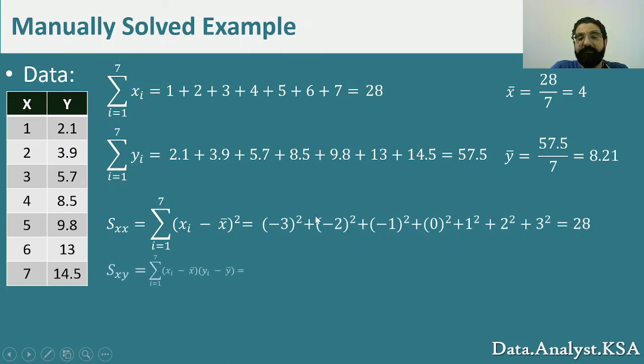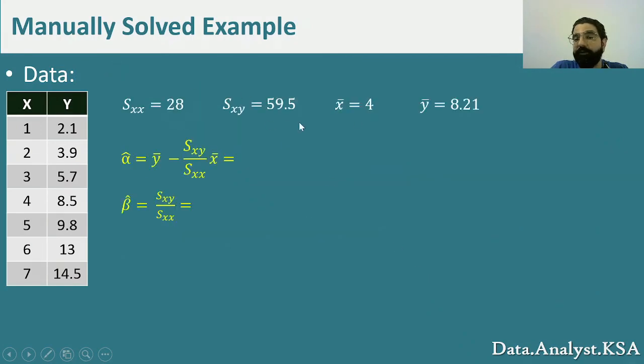And if I do the same for SXY, so SXY is a little more complex arithmetically, but it's the same idea. So it's 1 minus 4 for the first term, multiplied by 2.1 minus 8.21. For the second term, it's going to be 2 minus 4 times 3.9 minus 8.21. And I'm going to sum all of these terms together, and I'm going to end up with 59.5.